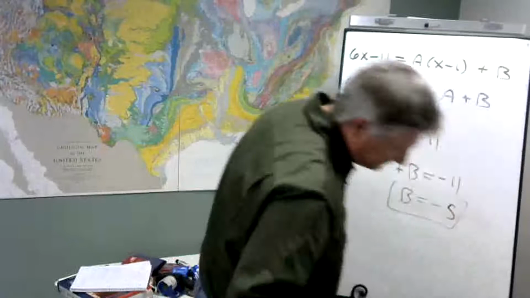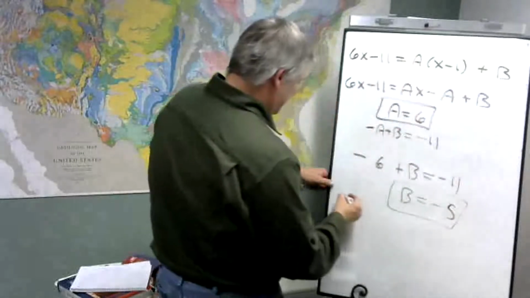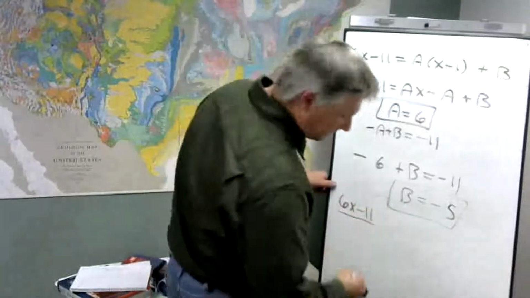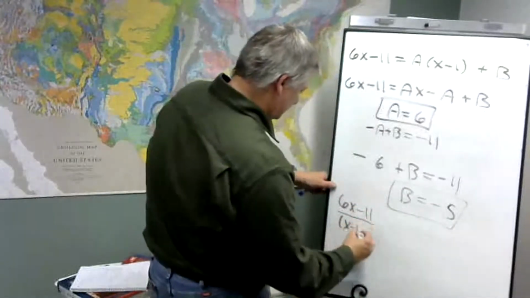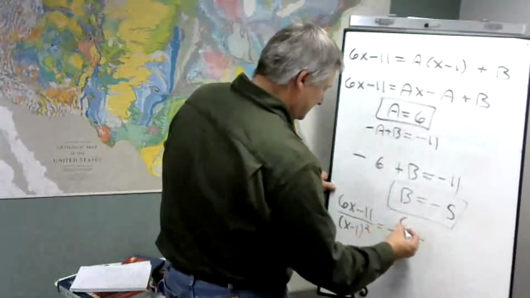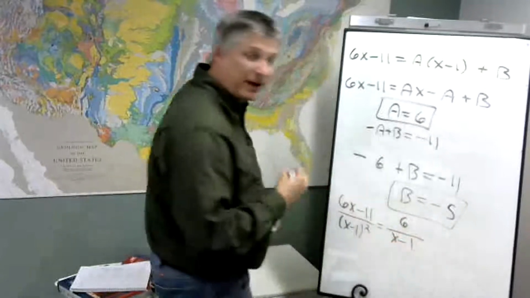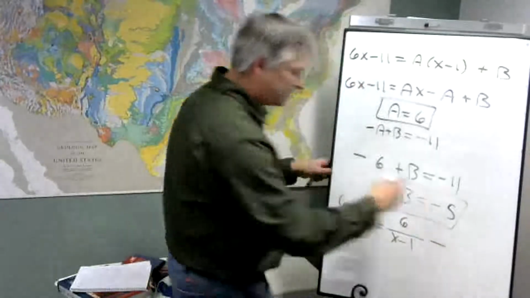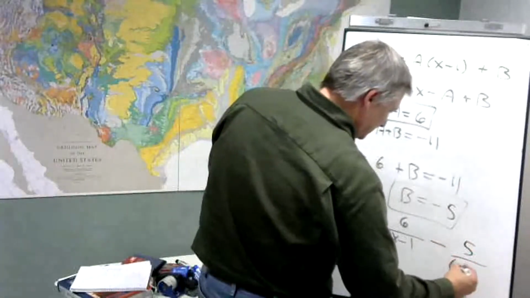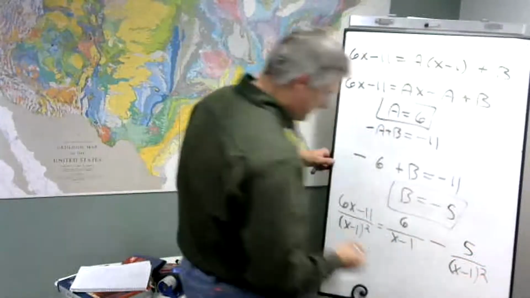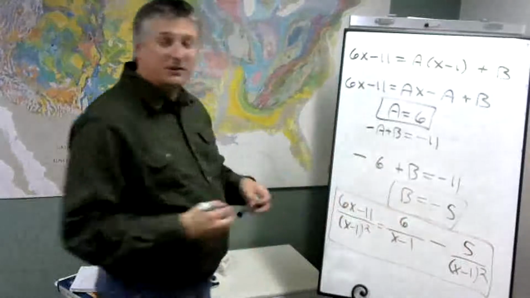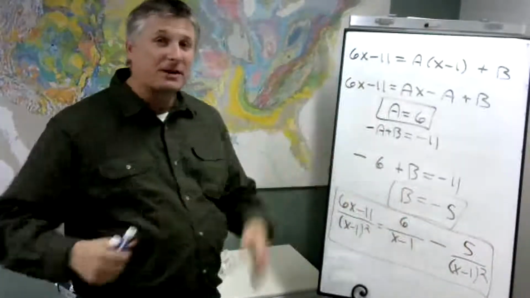Well, this means (6x - 11) over (x - 1)² will be 6 over (x - 1) minus, because B is going to be a negative, 5 over (x - 1)². And there's our partial fraction decomposition.